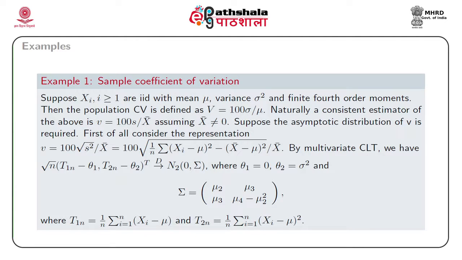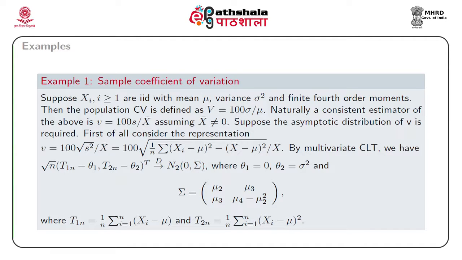As earlier, T1n is 1 by n summation xi minus mu and T2n is 1 by n summation i from 1 to n (x_i minus mu) square. So, we have discussed the asymptotic joint distribution of T1n and T2n.